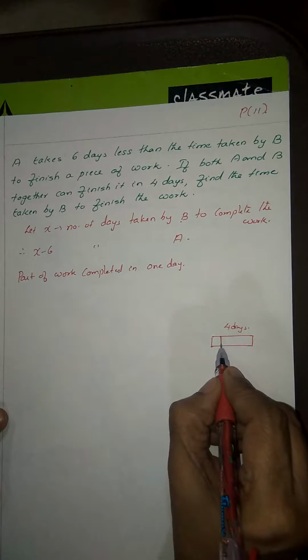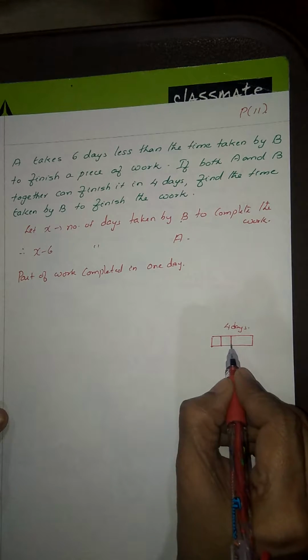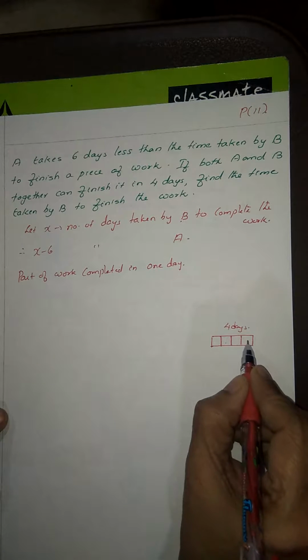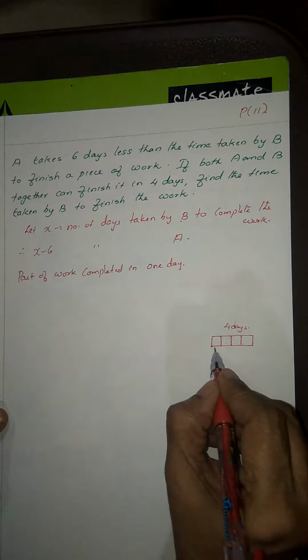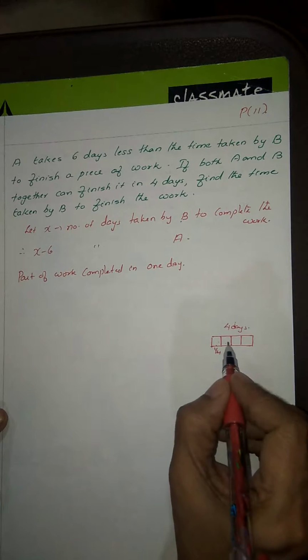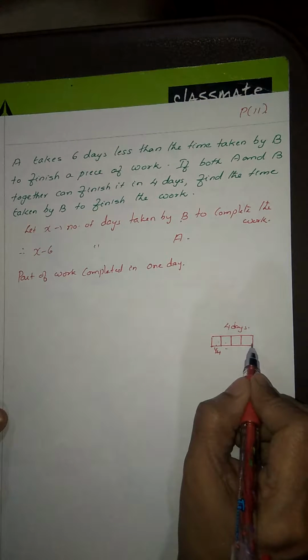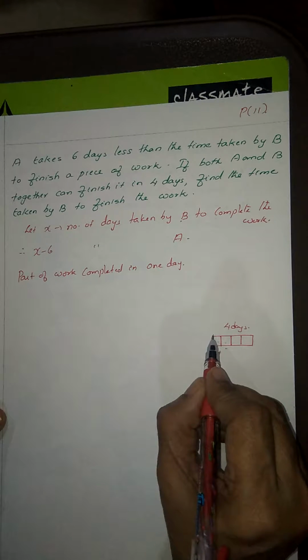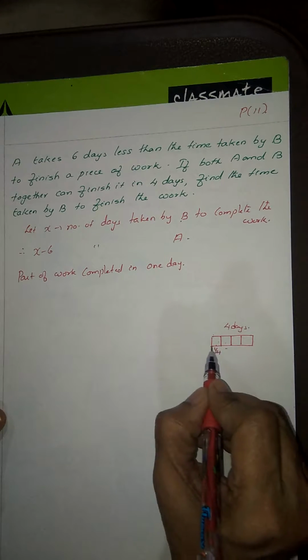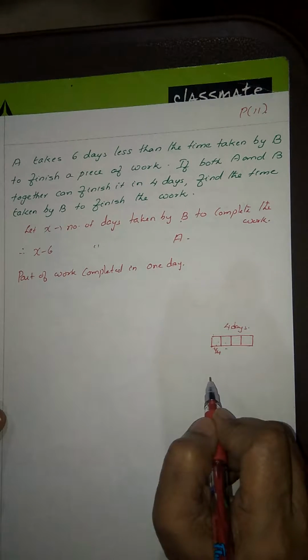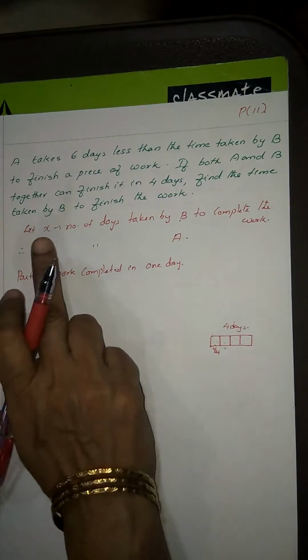So first day you complete this much work, second this much, and third and fourth. So in 1 day 1/4 of the work is getting completed. The second day again 1/4, like that. In 4 days the work is getting completed. So when the work is completed in 4 days, in 1 day 1/4 of the work is getting completed. The same concept we are using here.